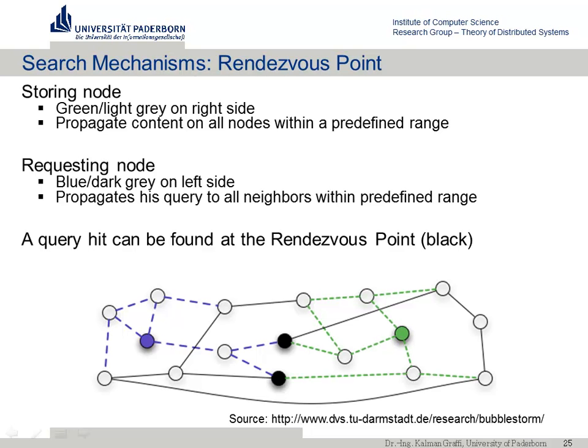But in contrast to what we looked at before, he doesn't keep the information for himself, but spreads the information to a subset of other nodes, telling them, hello, I have this specific file, please store the information that I have the specific file. So he's contacting these nodes and telling them to store the content.